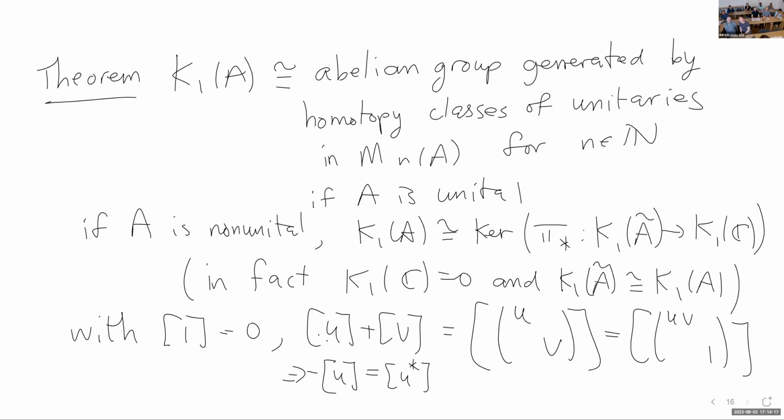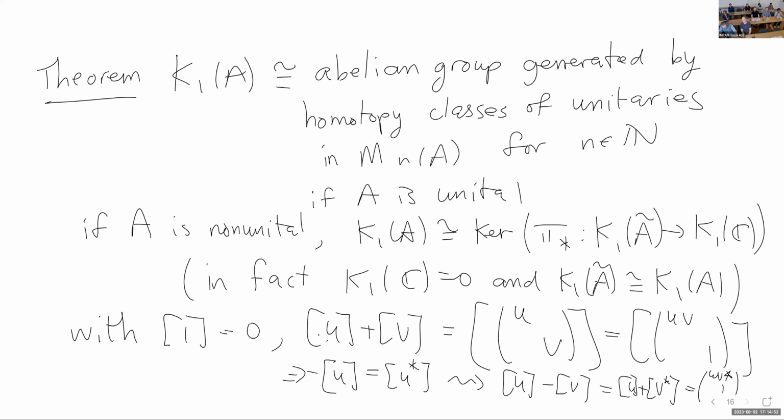A formal difference U minus V is in other words U plus V star, so it is U V star. Elements in this abelian group generated by unitaries are represented by single unitaries, not these formal differences.